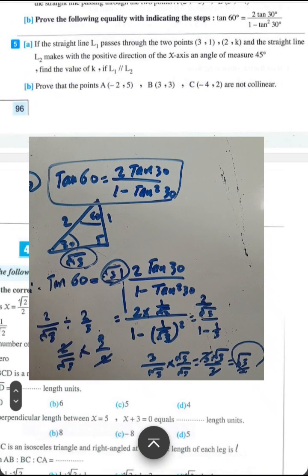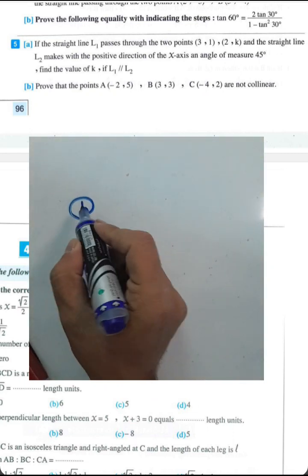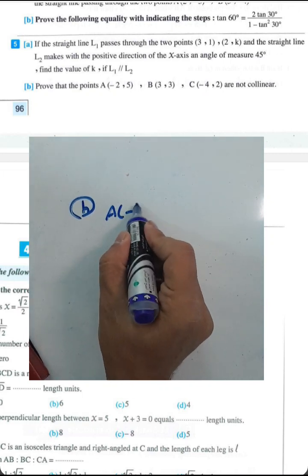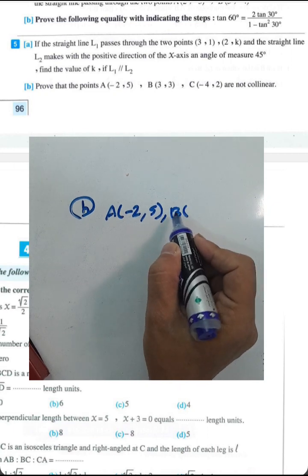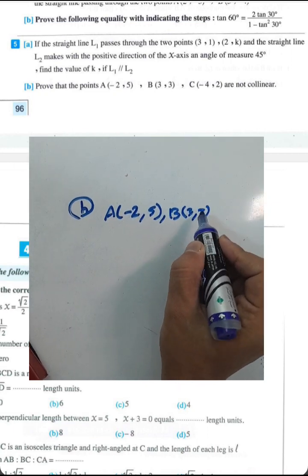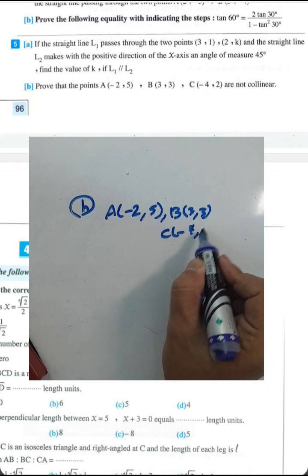Question number 5. Prove that 3 points are collinear. Point A (negative 2, 5), B (3, 3), C (negative 4, 2).